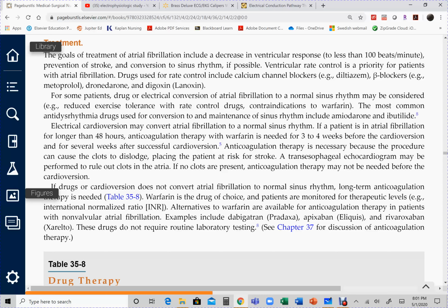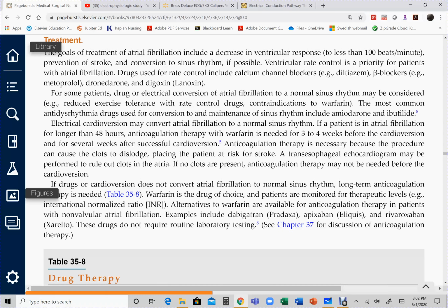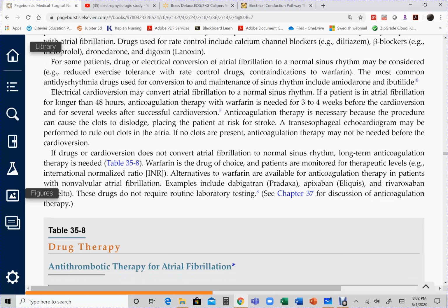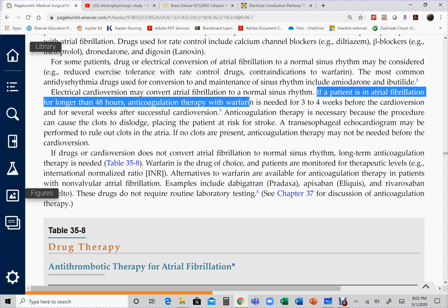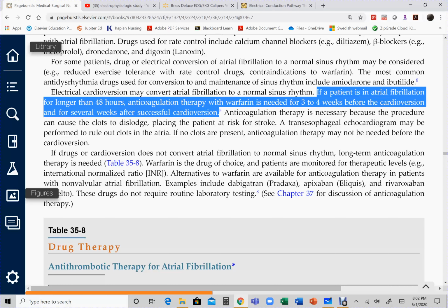You start with heparin, and on the same day you start the warfarin, and then as soon as you reach the therapeutic INR of 2 to 3, you stop the heparin, and then they'll be put on the warfarin. So here's the rule. If the Afib is lasting longer than 48 hours, then you have to consider long-term anticoagulation.